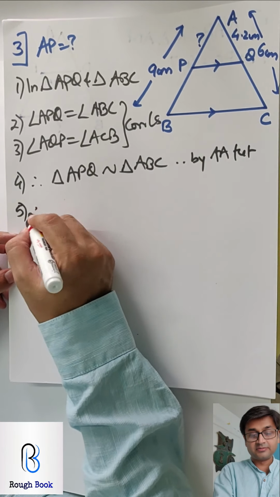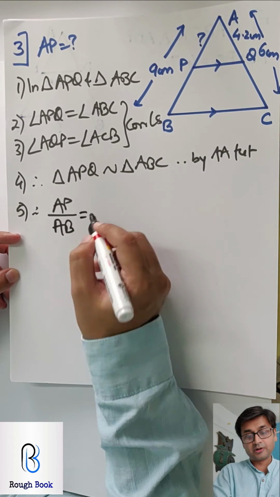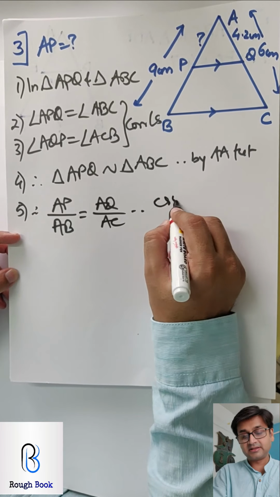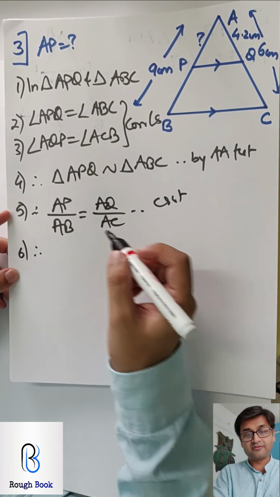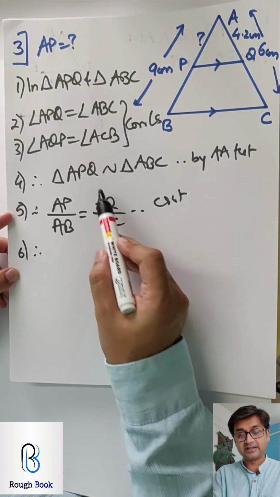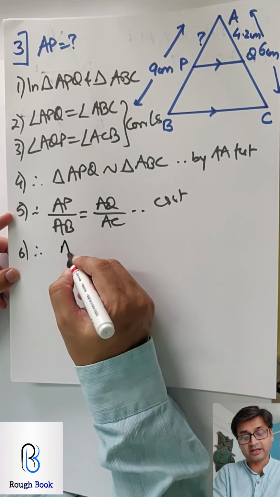Once your triangles are similar, therefore AP upon AB, not PQ, okay? AQ upon AC, CSST. AP, AB, AQ first, last AC. I didn't take PQ because I don't need PQ, BC at all. So why waste our time?